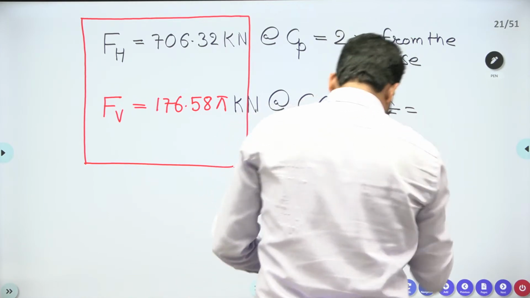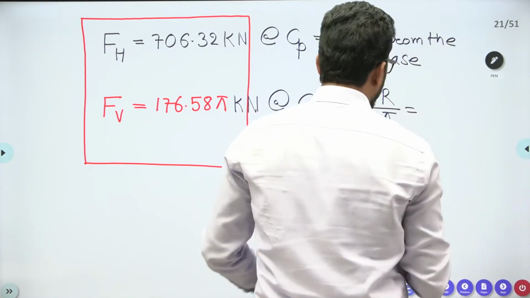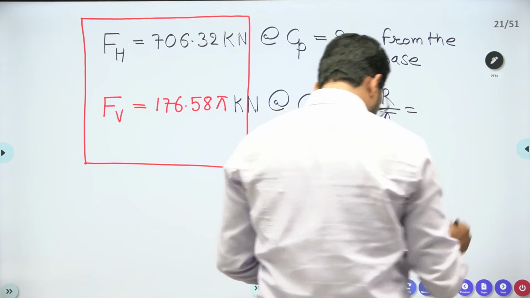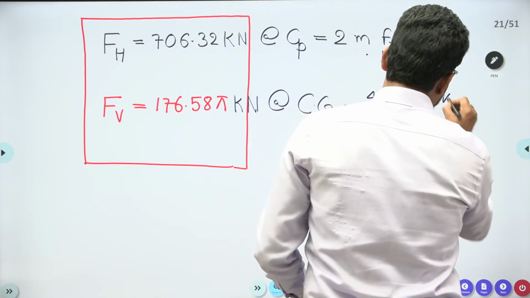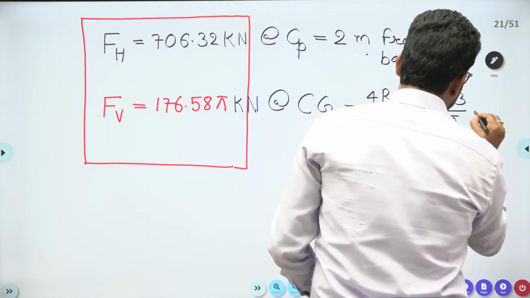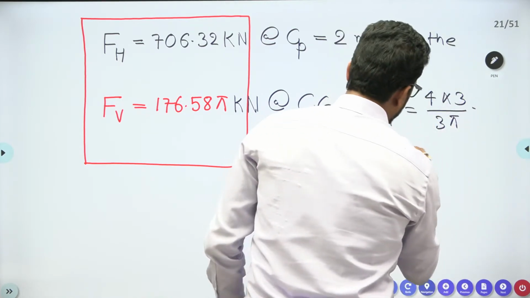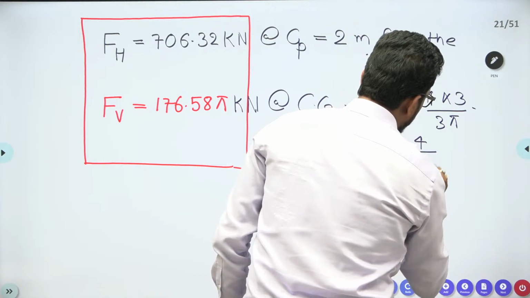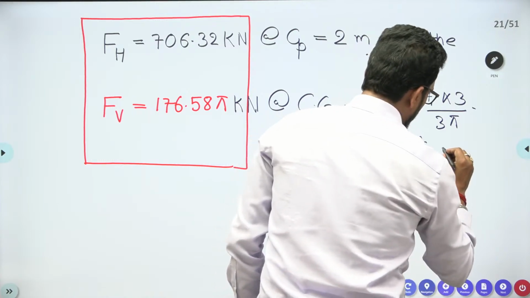If you put the value, 4 into 3 divided by 3 into pi, so this is 4 by pi meter.